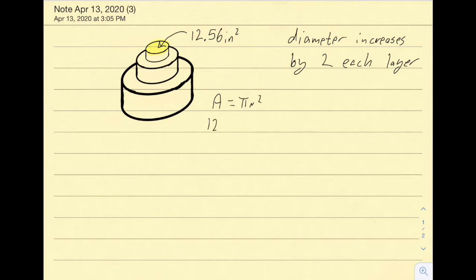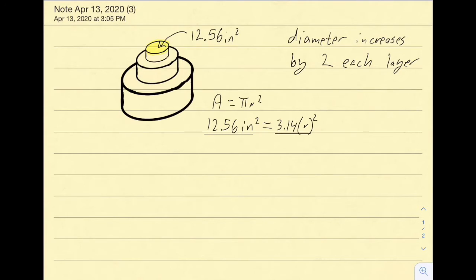We're going to plug this in and say 12.56 inches squared will be equal to 3.14 times r squared. If we divide both sides by 3.14, that will give us what we're looking for.